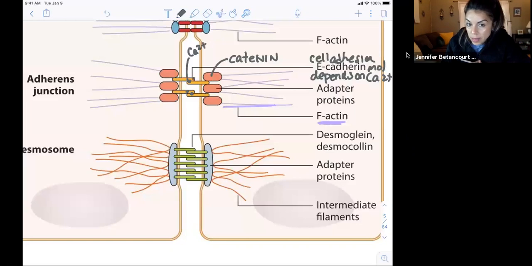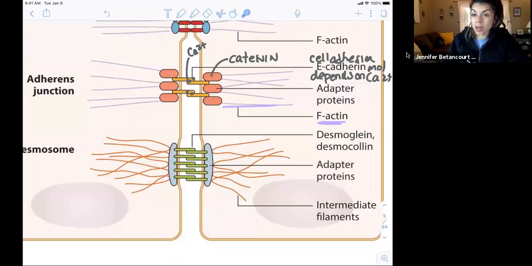Okay, but then I say they also interact with catenins. And so catenins, or your adapter proteins. And so these catenins, what do they do? You can see that the E-cadherin is attached to the catenin, and it's the catenin that's attached to the actin cytoskeleton. So you can see here, this does not physically attach to the actin.